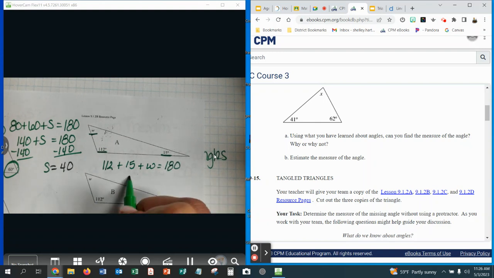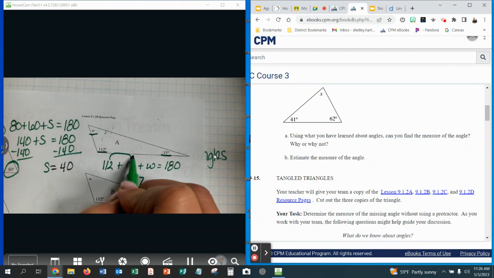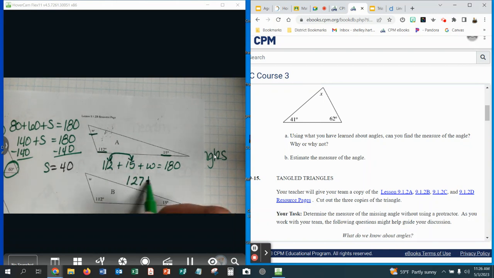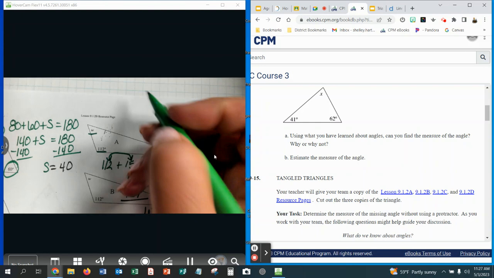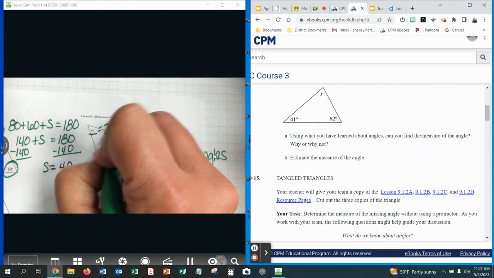Okay, so now you have 127, that is 112 and 15 added together, plus W equals 180. I'm going to subtract 127 from both sides so that I can subtract from 180. W equals 73 degrees.